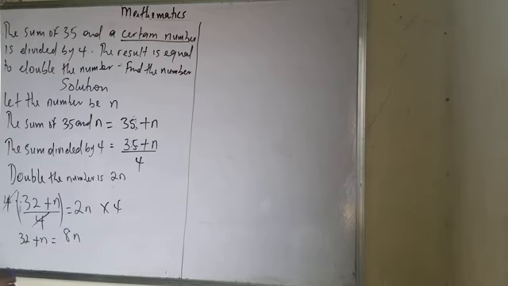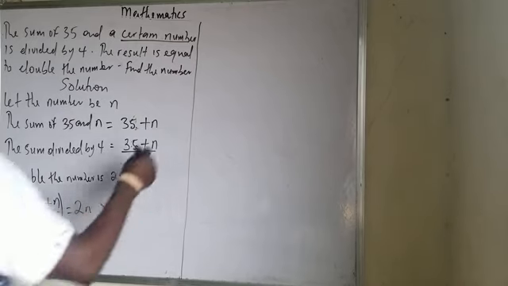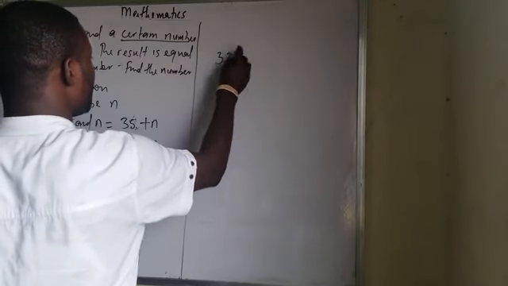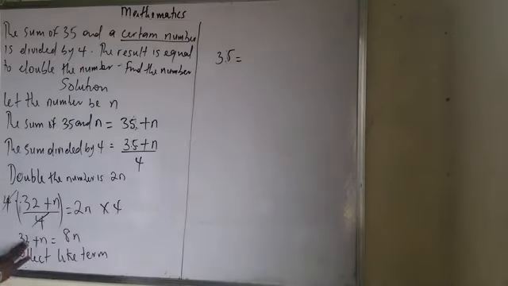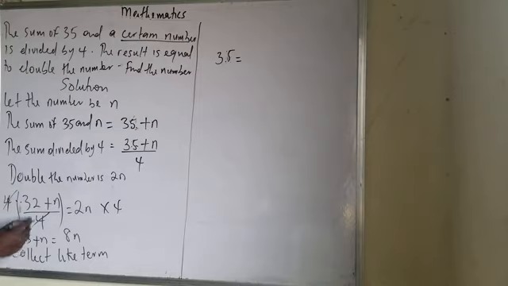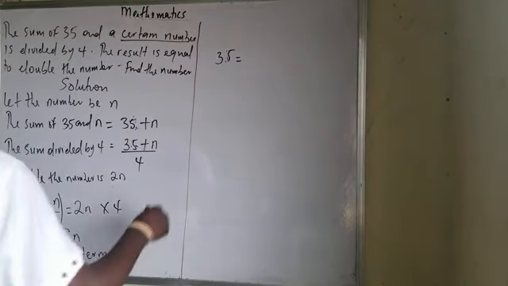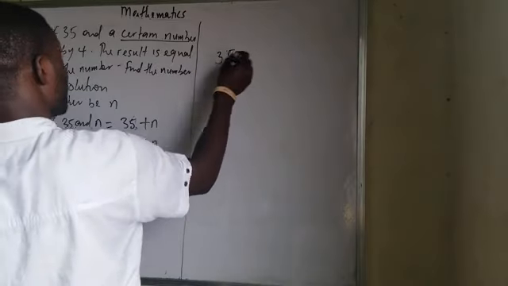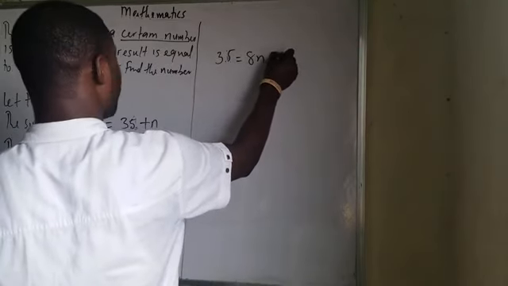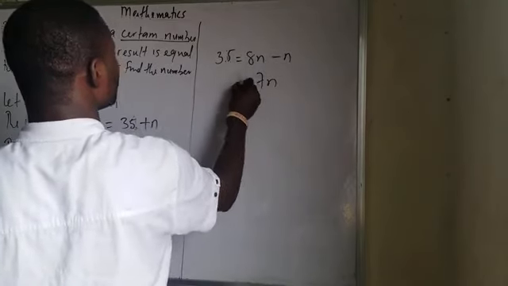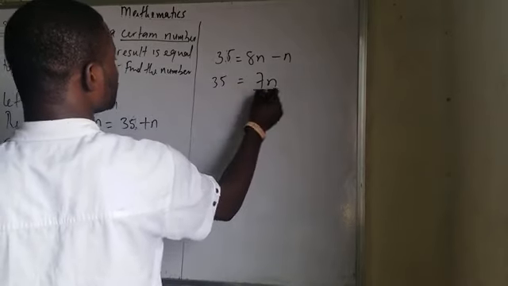Now, collect like terms, which I'll be having 35. We're talking about 35, so I'm not more than 32. 35 will be equals to 8N minus N, which is 7N equals to 35. Divide both sides by 7.